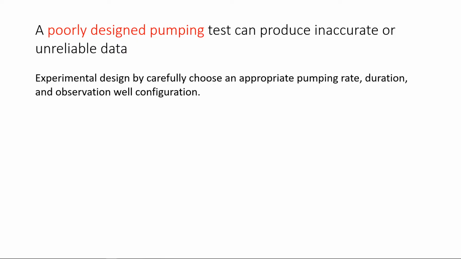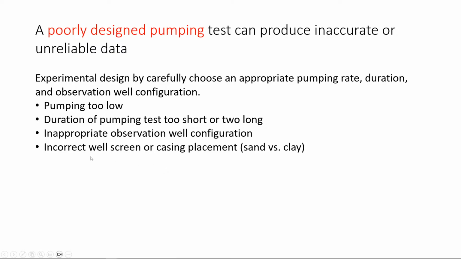So you need to place your casing where it's most representative of your aquifer, and that requires knowing about the geology of the subsurface. That's one thing you need to do before a pumping test: learn about the geology of the subsurface. You get existing reports, like USGS reports or reports from the water management districts, and learn about your subsurface before you conduct your pumping test. So, incorrect well screening placement in sands or clay.